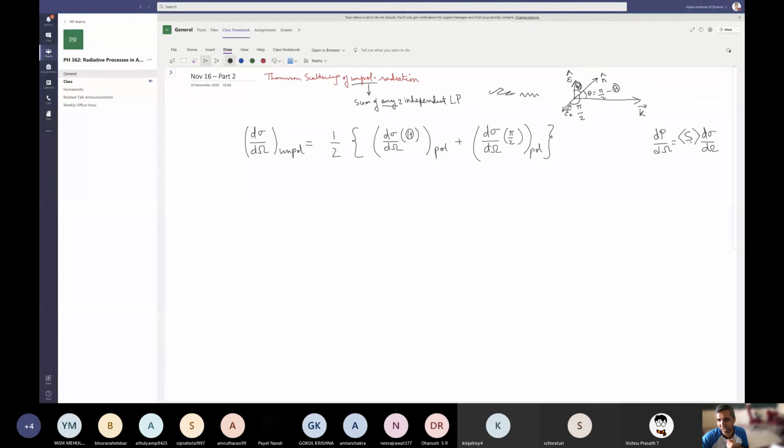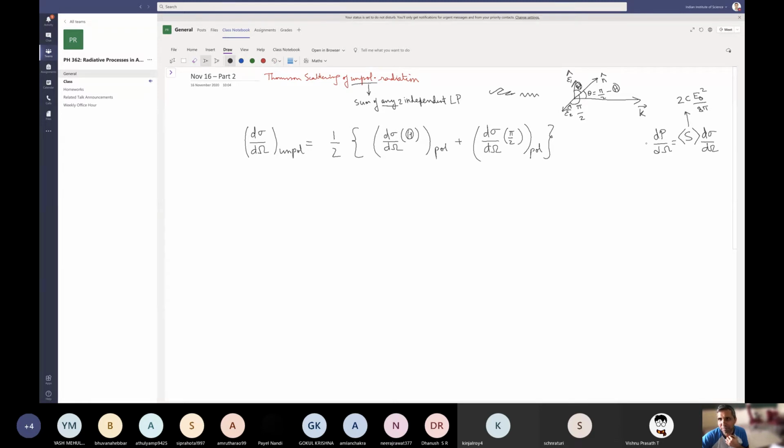So this just sums up. So this was cε E0 squared by 8π times 2. But if E0 is the amplitude in one of these polarizations, this is that.